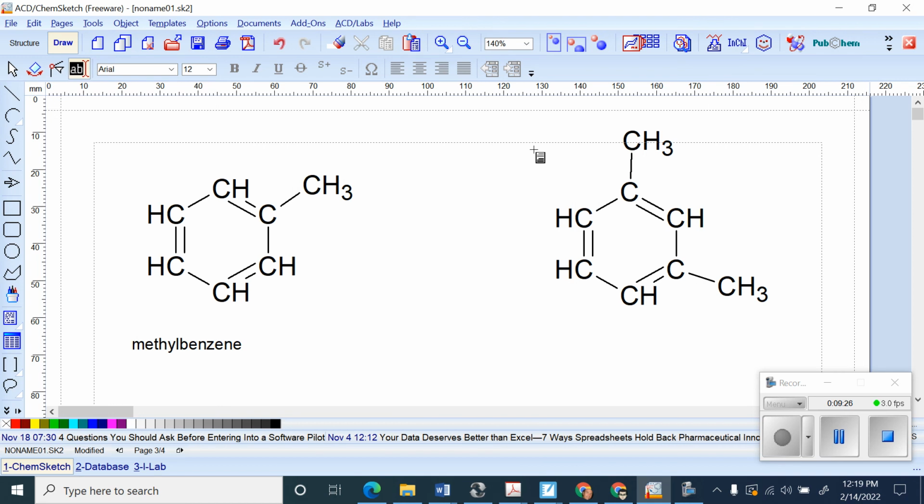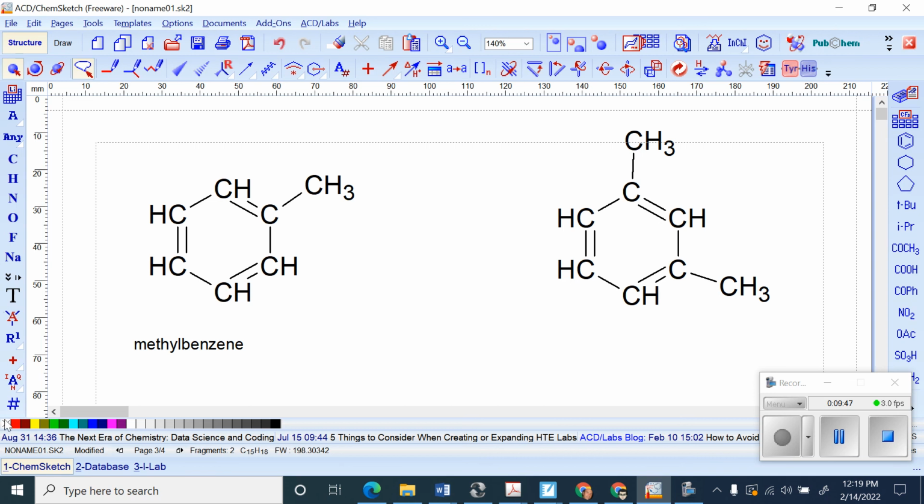Two groups on a benzene ring. Then we have to number where they are, and we're going to keep our numbers as low as possible. So here are my 2 methyl groups on this benzene. Let me number these first: 1, 2, 3, 4, 5, 6.